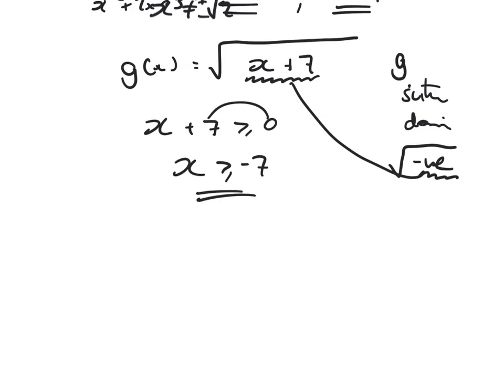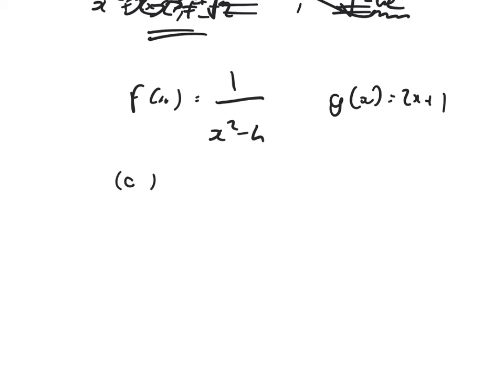Okay, let's try another. This time f of x is equal to 1 over x squared minus 4. G of x is equal to 2x plus 1. Okay, so part A says find an expression for h of x where h of x is equal to g of f of x.